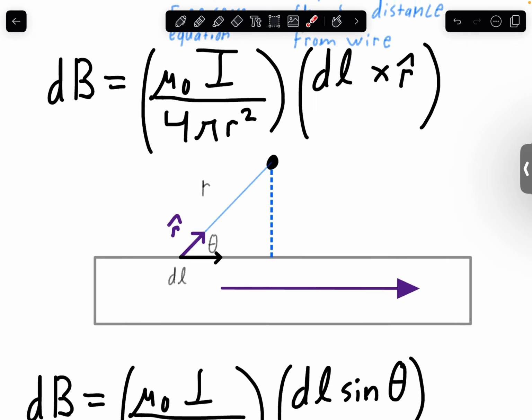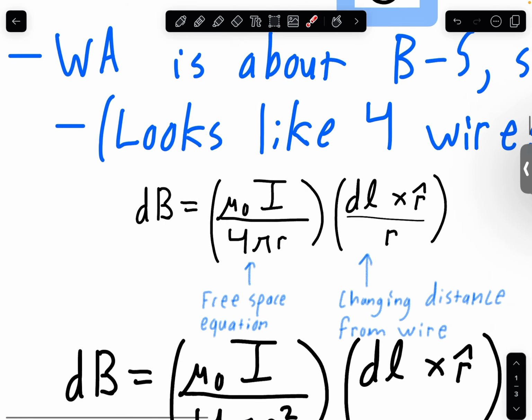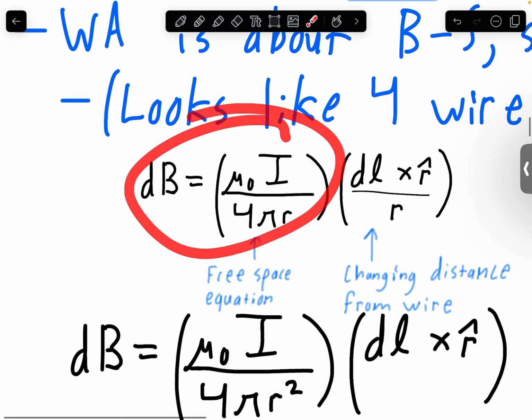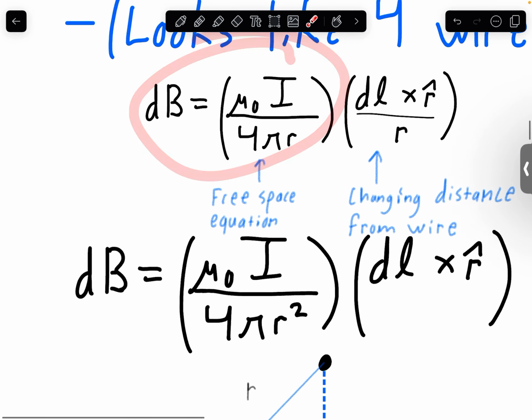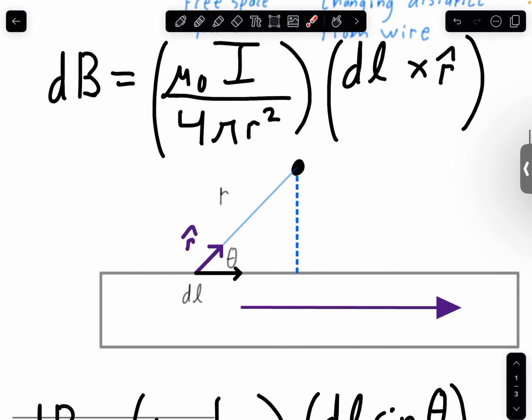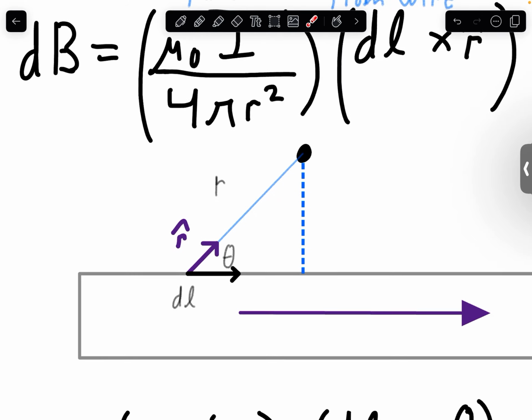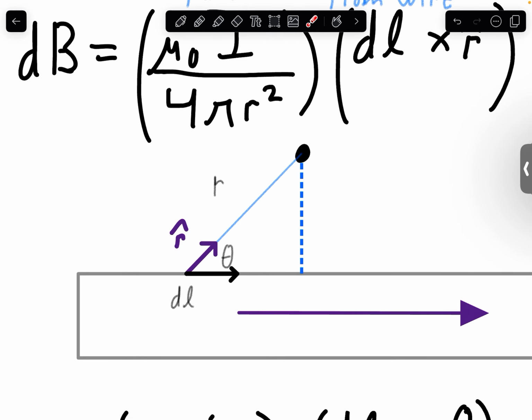Again, this part was just a standard magnetic field equation that we discovered in one of our labs. Notice as we choose points on this wire that the magnetic field will not always be acting perpendicular.